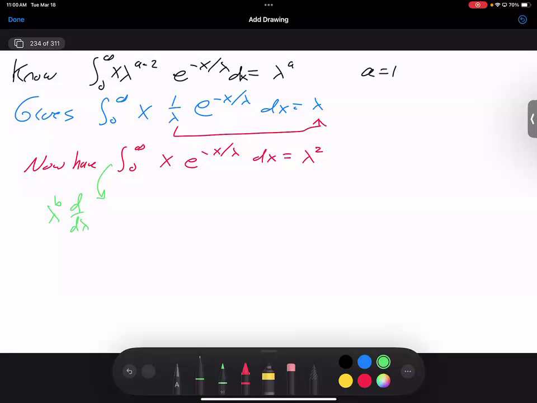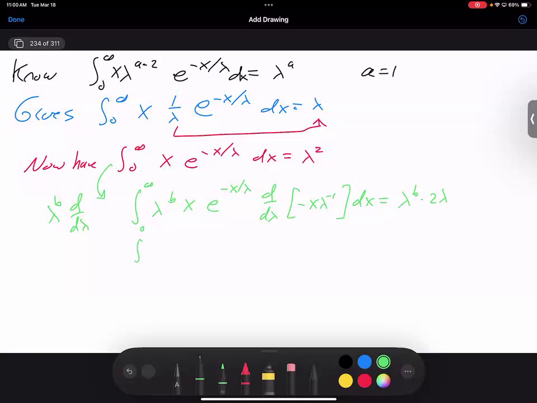Let's use b. So now if I take the derivative with respect to lambda and multiply by lambda to the b, I'll get the integral from 0 to infinity, lambda to the b, x. And now I'll have e to the negative x over lambda, d by d lambda of negative x lambda inverse dx equals, what's the derivative of lambda squared with respect to lambda? So I'll get lambda to the b times 2 lambda.